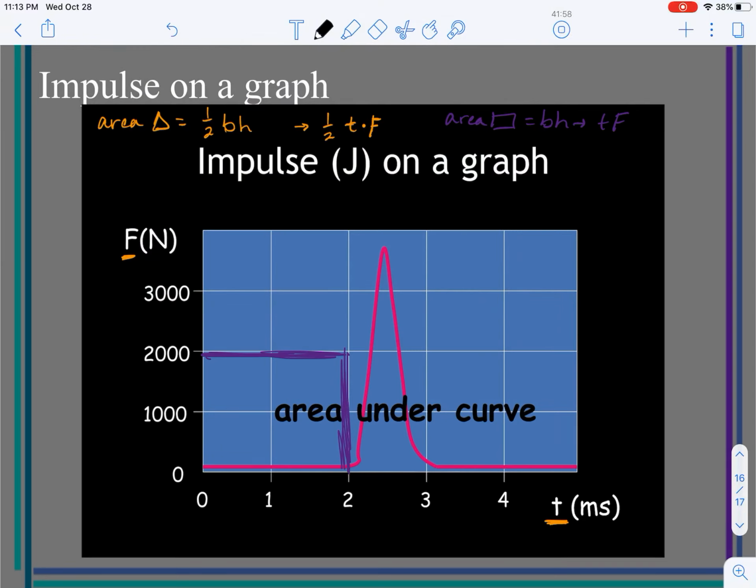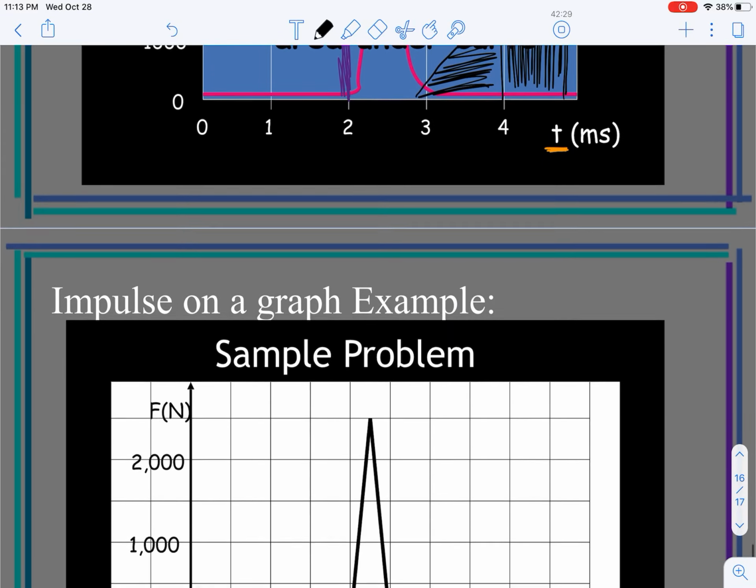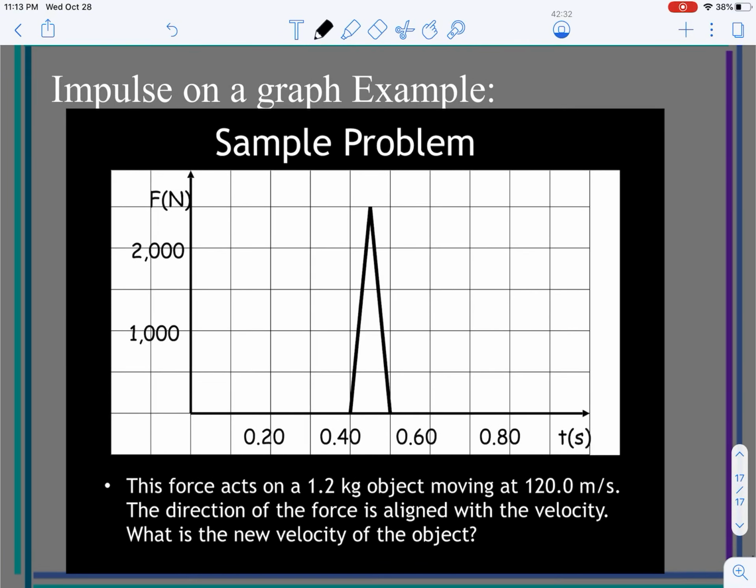If we were to get a question where we're given some sort of graph that does a funky thing where it comes up and then goes over and then we have a peak and then it comes down, how would we find the impulse for this type of graph? Well, we would basically just have to divide it into sections. We'd calculate the area of this triangle, we'd calculate the area of this triangle, and then we would see here that we have a rectangle. We'd calculate this area, add them all up, and that would be our impulse, okay?